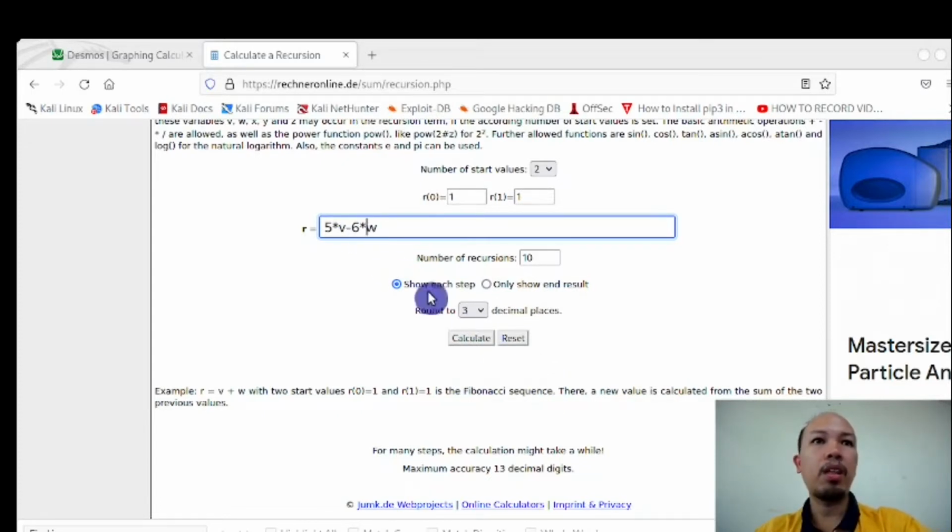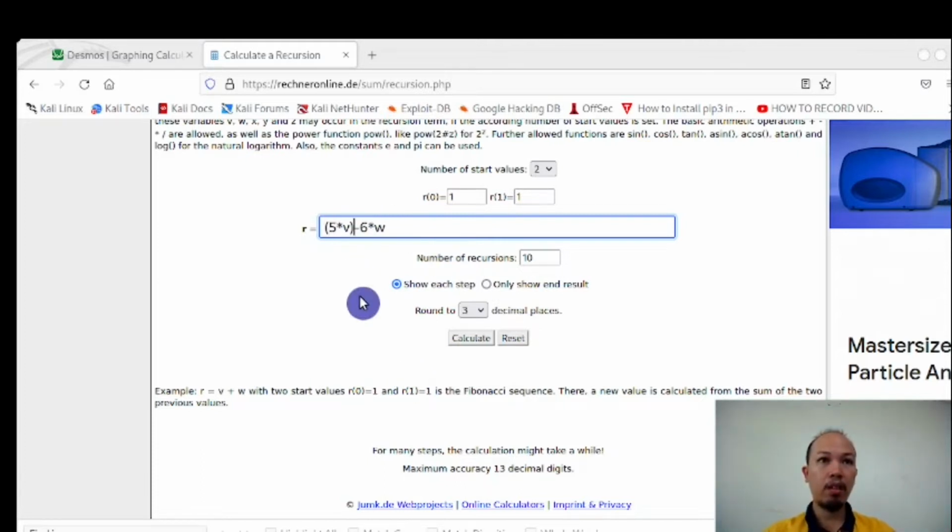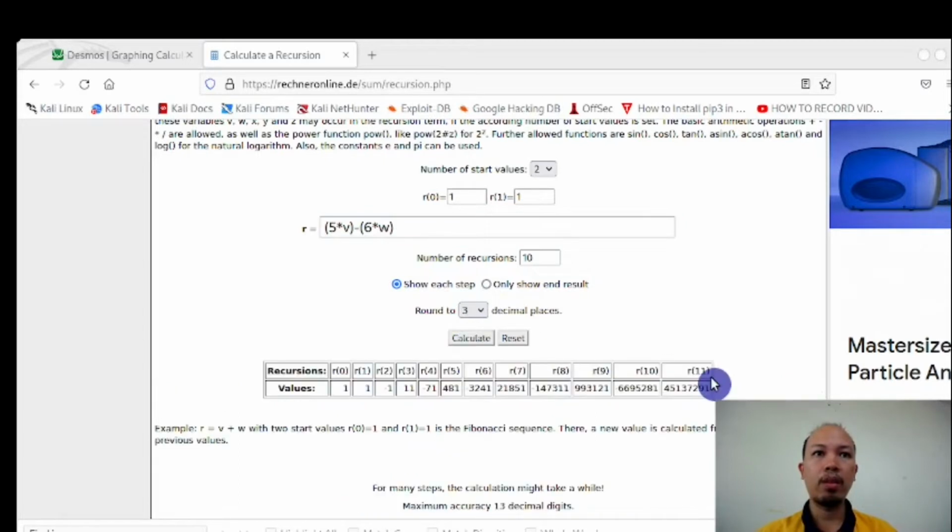Maybe let's put a parenthesis somewhere here so that it will evaluate the multiplication first. Okay, and then let's calculate. What happened again? I know this is 0. This is 0.